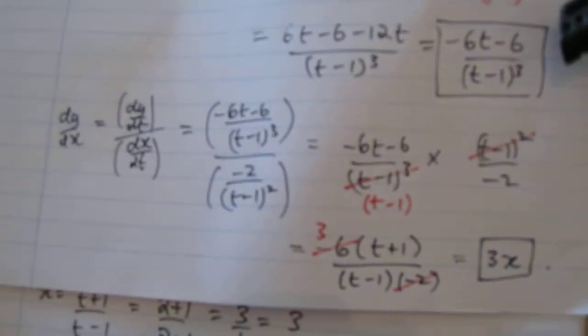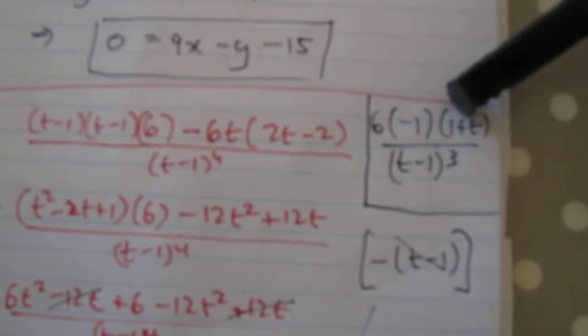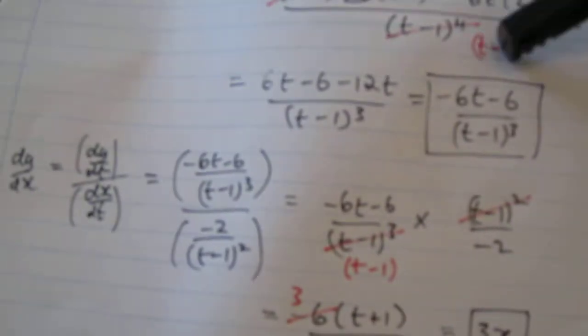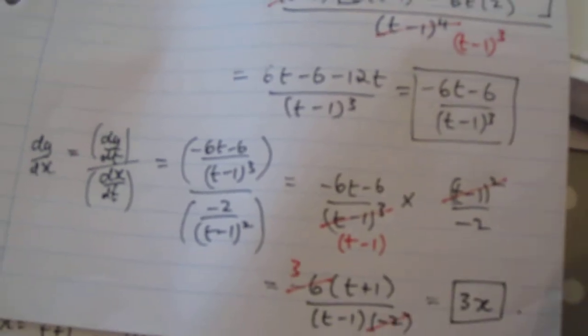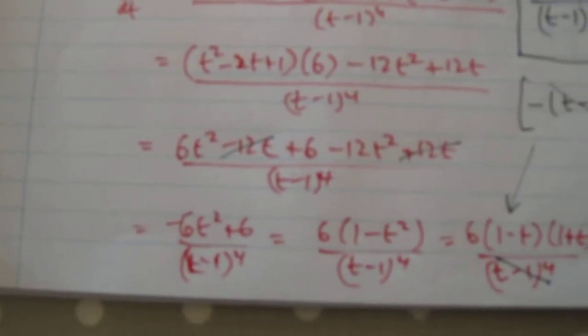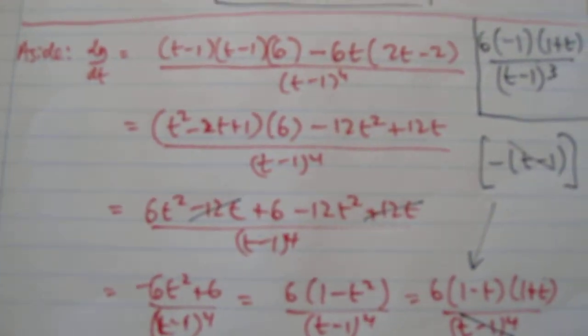Exactly what we had here, and this line we just wrote slightly differently. You can see that if you multiply out this top line here, you get minus 6t, and that's exactly what we had up here. We have the factorizing done down here, which means when we get to this stage, we won't have to do any more factorizing. So you can do it, and it will work out perfectly fine. So if you're not happy factoring out the t minus 1, just multiply everything out.